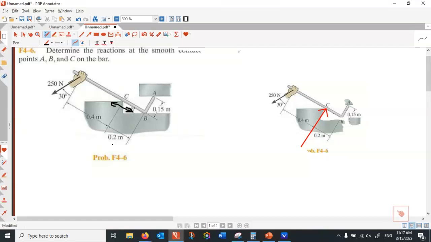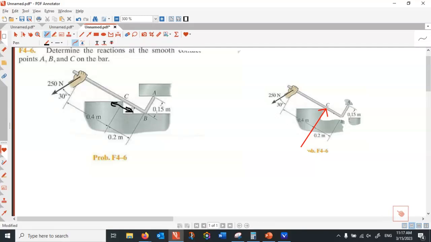All right. With the same justification, can you tell me at point B, what is the direction of sliding? Is that horizontal sliding, vertical sliding, or sliding along the rod? No, it's not along the rod, because this is the rod moving, not the ground moving.